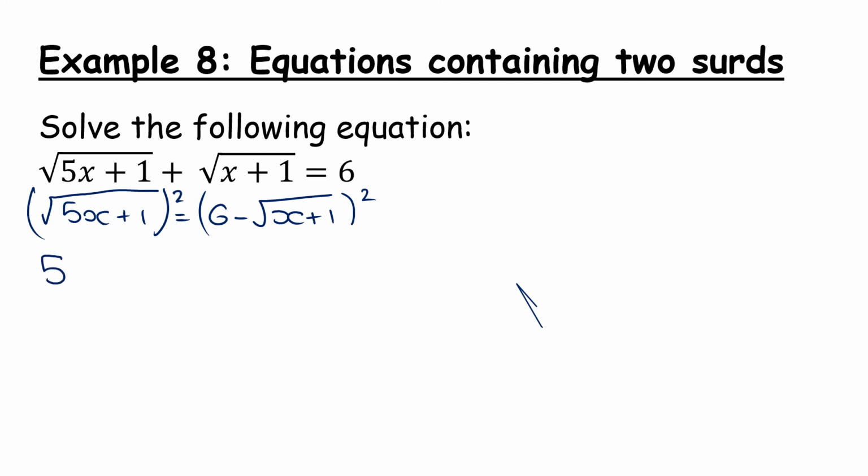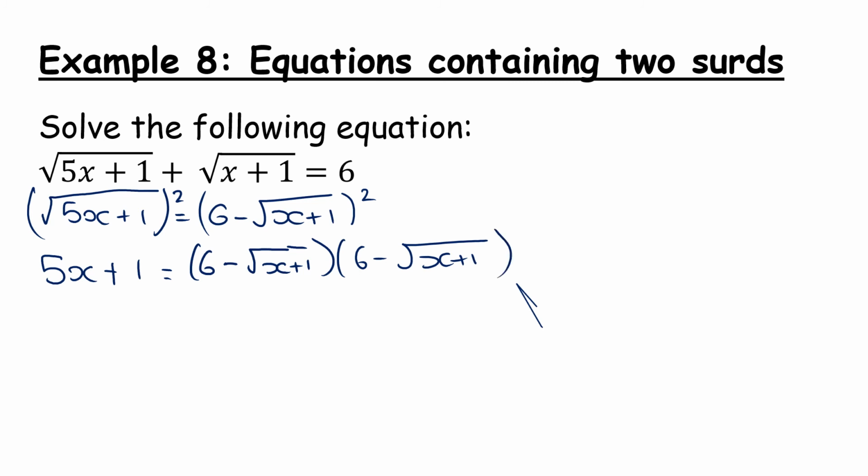So on this side, we're left with 5x plus 1. However, when we get over to the right hand side, things are not as simple. So basically what we have is 6 minus root x plus 1 multiplied by 6 minus the square root of x plus 1. So let's do out our long multiplication here.